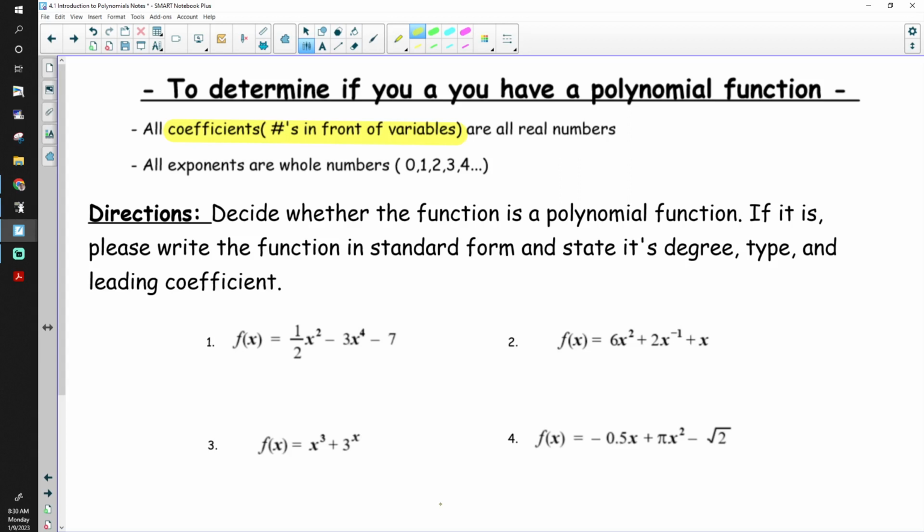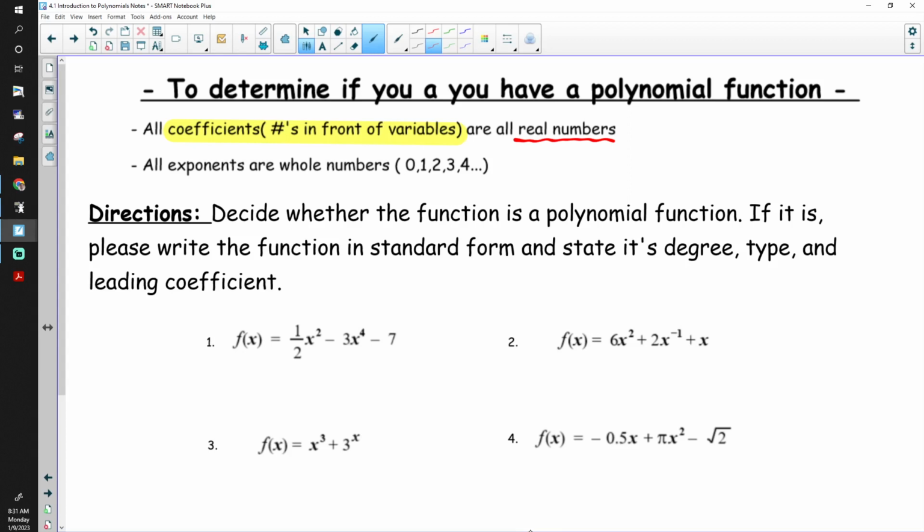And the coefficients have to be real numbers. Okay? Real numbers. Now, real numbers, that does not mean it has to be a nice, pretty number. It just has to be real. So you can't have imaginary numbers. You can't have irrational numbers or unreal numbers. Okay?